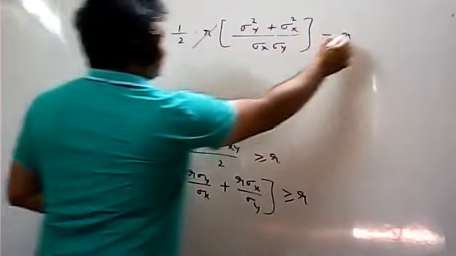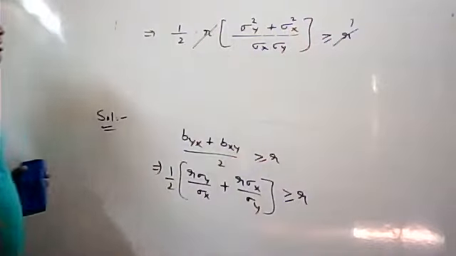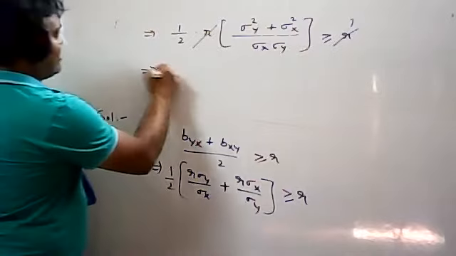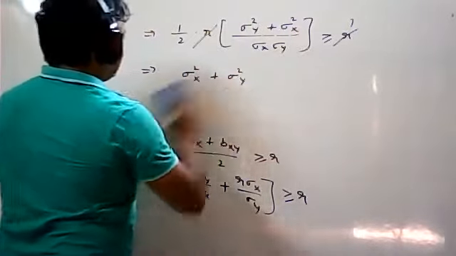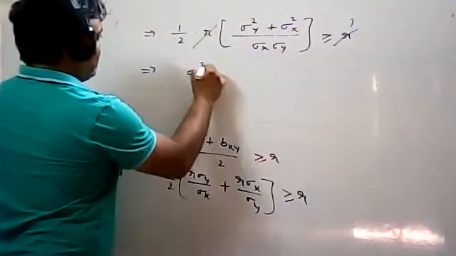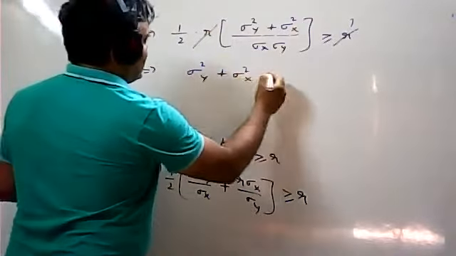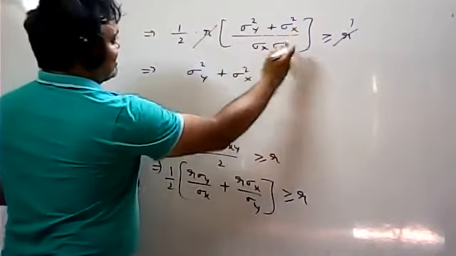So r gets cancelled, that means 1 you will get. So this is nothing but sigma square x plus sigma square y, is greater than or equal to 2 into sigma x sigma y. Send that side.